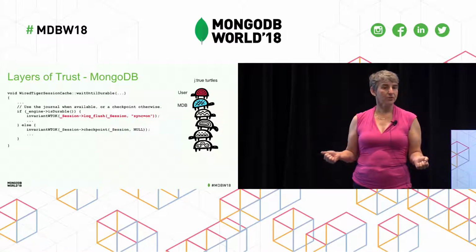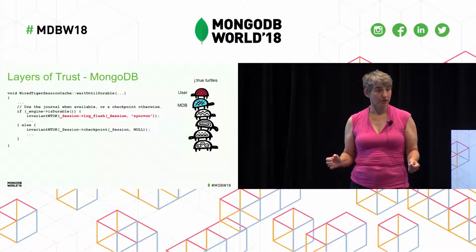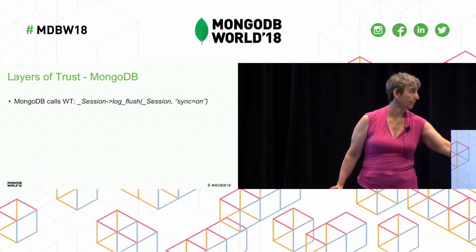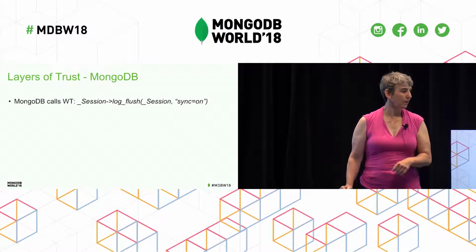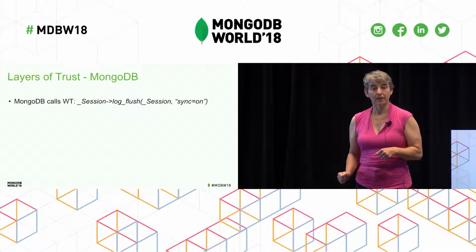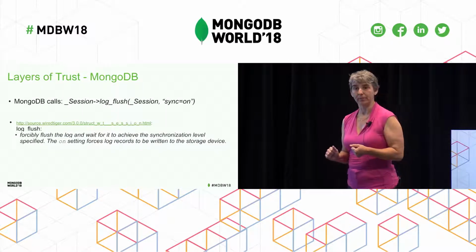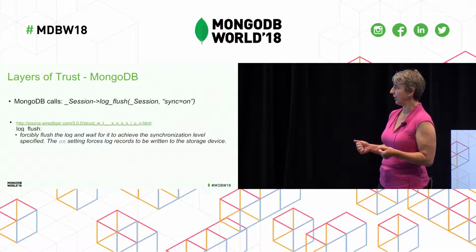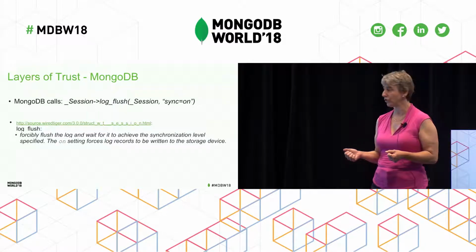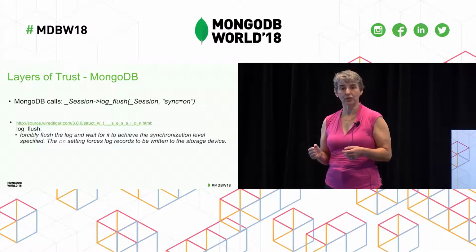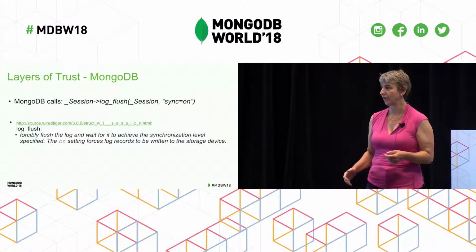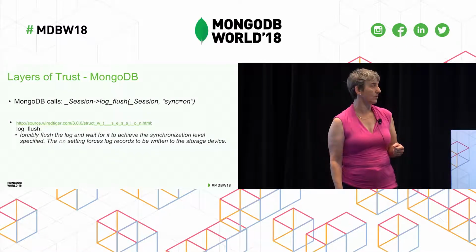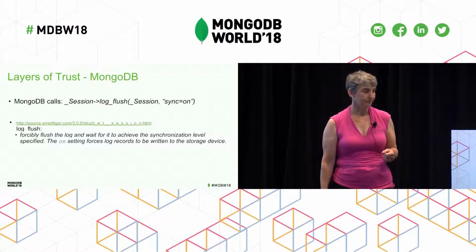So MongoDB uses the WiredTiger API function called log_flush, and let's see what that documents as its contract. The contract that WiredTiger makes with users of the WiredTiger library, of which MongoDB is that user in this case, for log_flush, it says, we will forcibly flush the log and wait for it to achieve the specified synchronization level. When that level is set to on, it forces the log records to be written to the storage device.